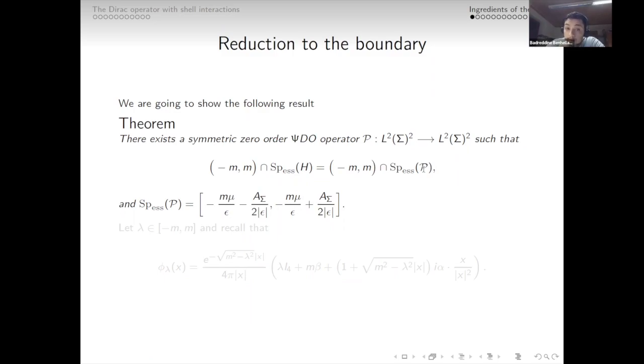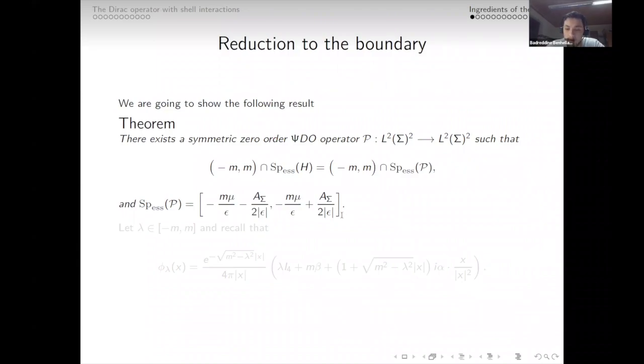acts on the boundary. In fact, the essential spectrum of this operator is exactly the new interval that appears for this operator. So we are going to reduce the problem from the whole space to this operator on the boundary using pseudo-differential operators.